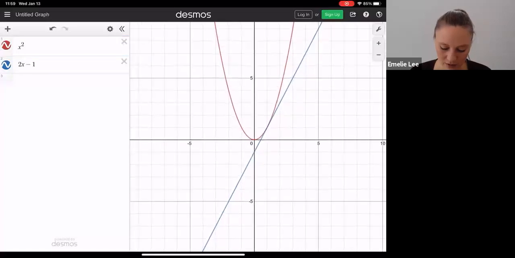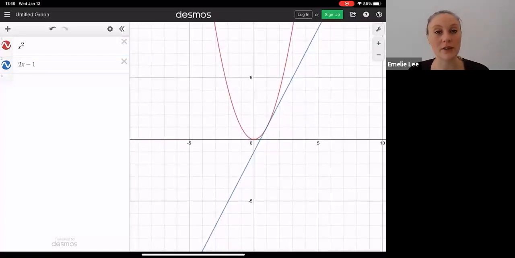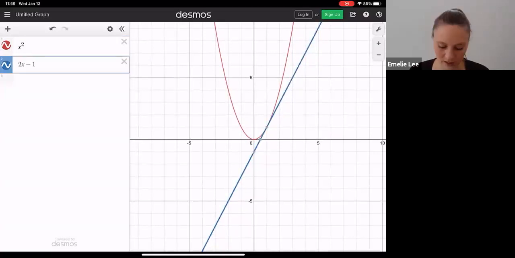If you don't have Desmos installed, you don't even need to have an account. I don't have an account, I just use it. So I always appreciate that. Too many accounts everywhere. But yeah, even if you do graph it by hand, just check using Desmos to make sure that you're on the right track.